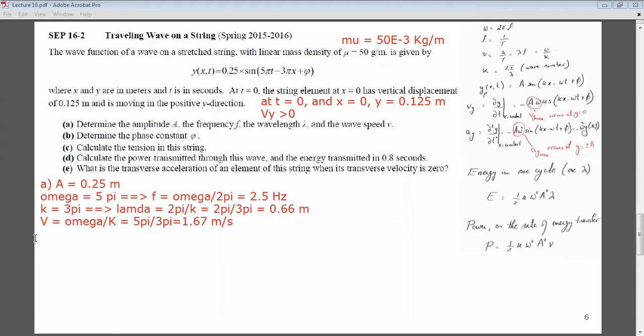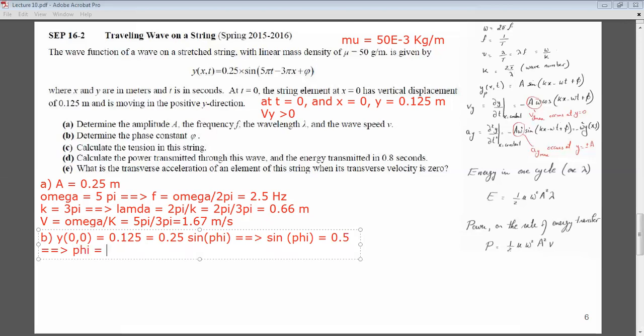Determine the phase constant phi. So we will say y at 0, 0 is equal to 0.125. This is given. And this is equal to 0.25 sine phi, which implies sine phi is equal to 0.125 divided by 0.25, which is 0.5.